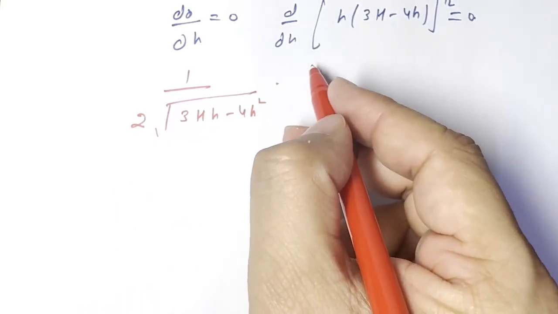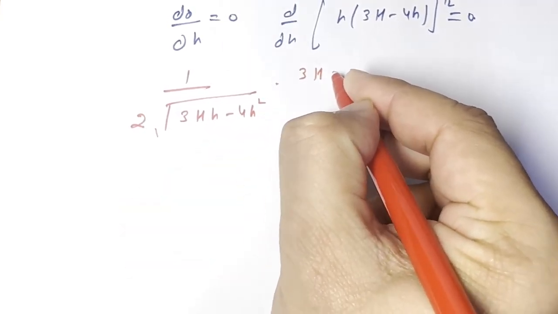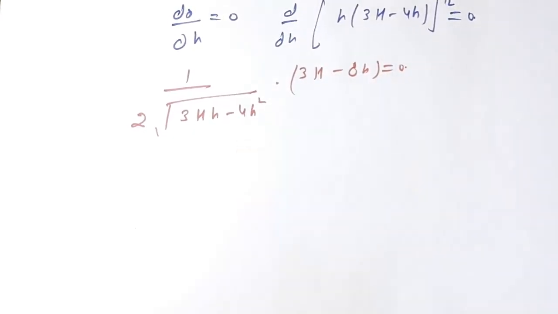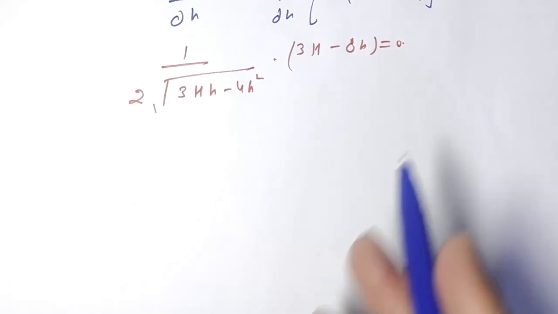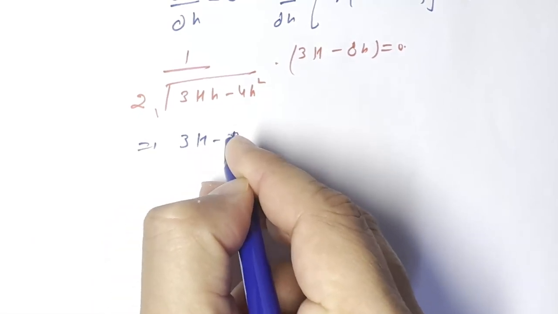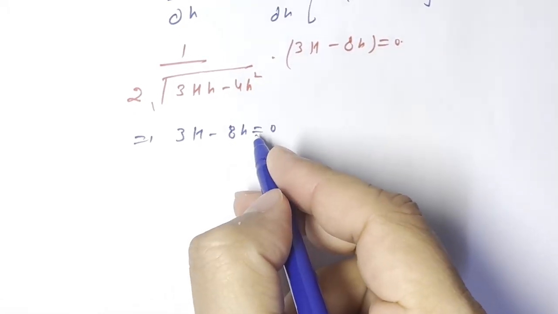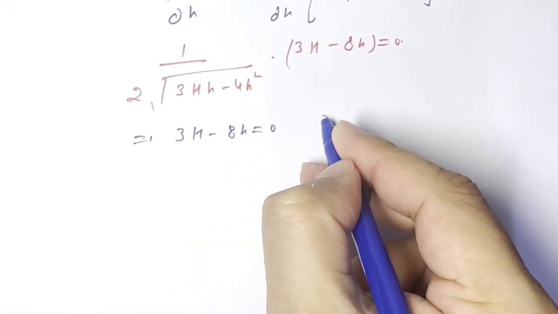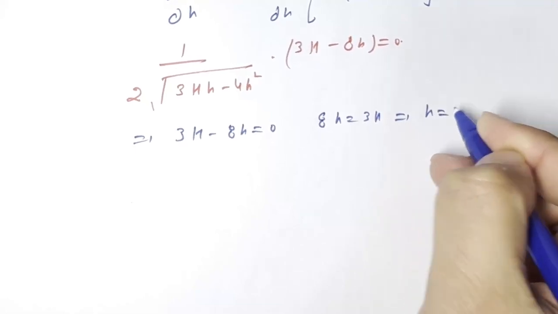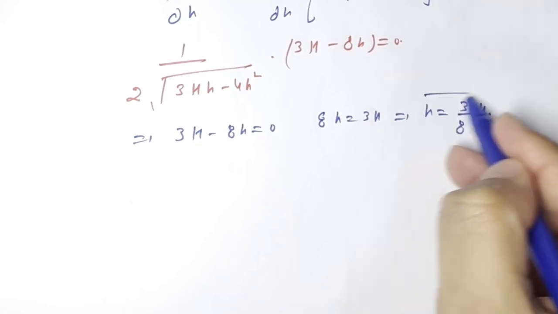And now its derivative will be 3H minus 8h is equal to 0. From here we get 8h is equal to 3H, or h is equal to 3 by 8 capital H.